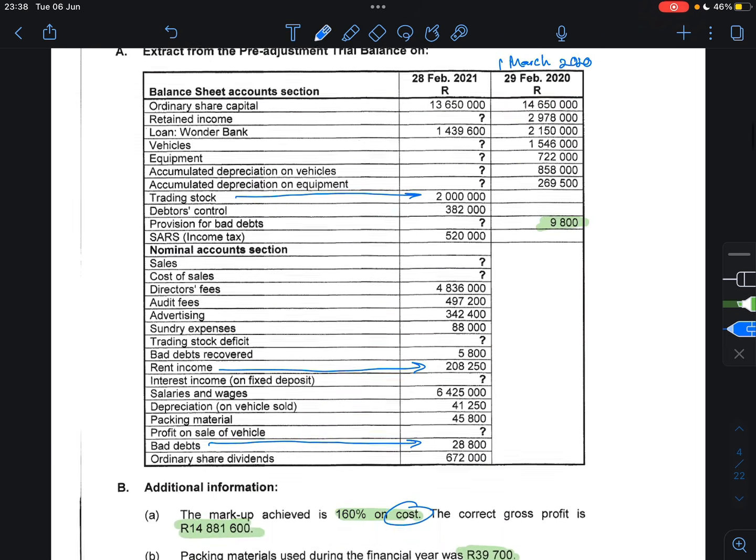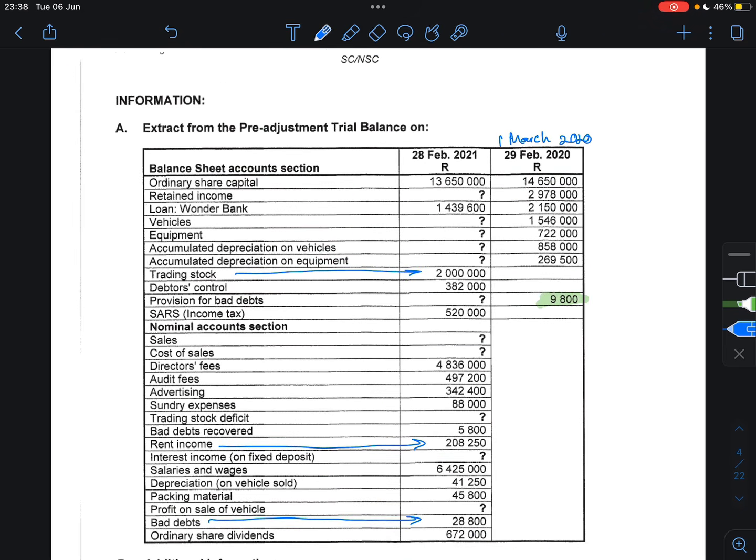So in the books of the business, we recorded the loan at 1,439,600 because the business does not take into account the interest. Interest was not taken into account when the business was recording this. But now when the bank gives us our loan statement, they have included interest. So now we need the difference between the two amounts. And the difference between these two amounts is the interest that has been incurred after the payment.